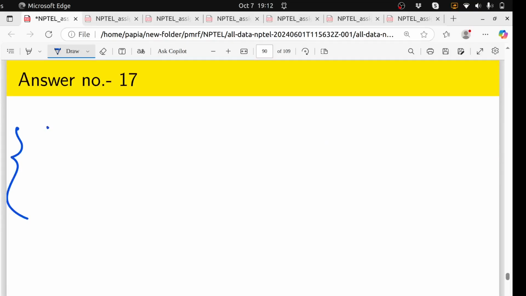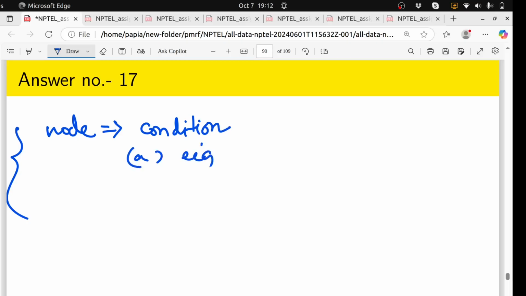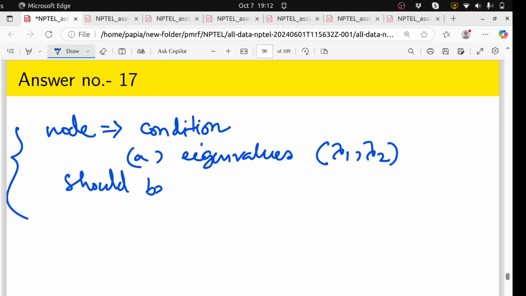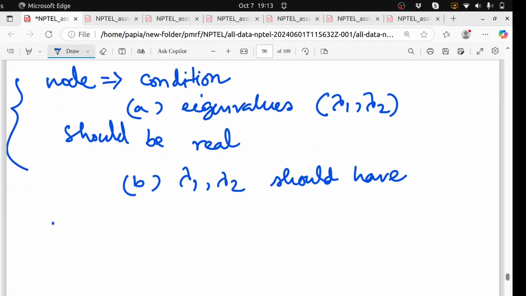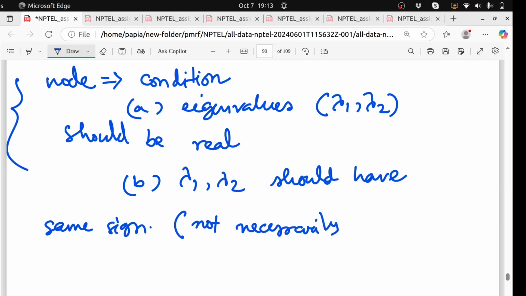notation information that for a node, what is the condition? The condition is eigenvalues should be real, lambda 1, lambda 2 should have the same sign, not necessarily the same value.